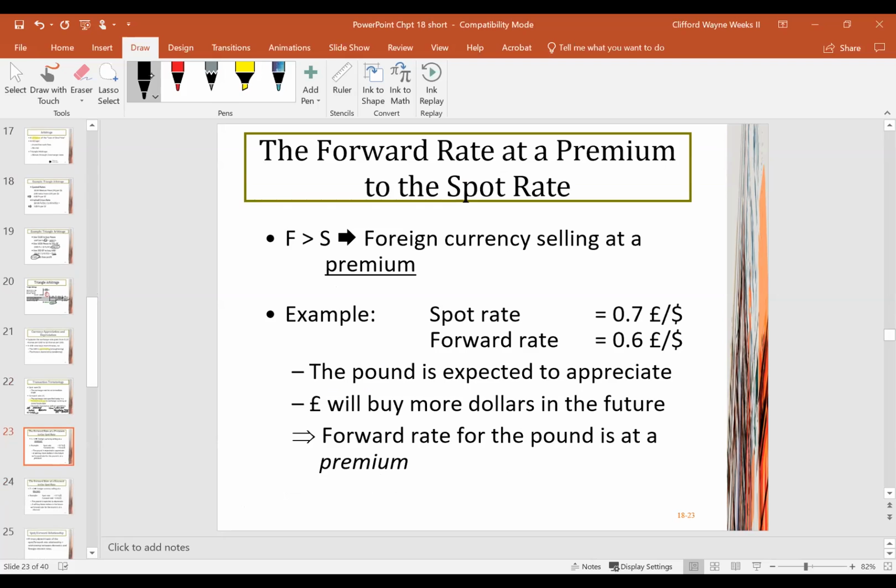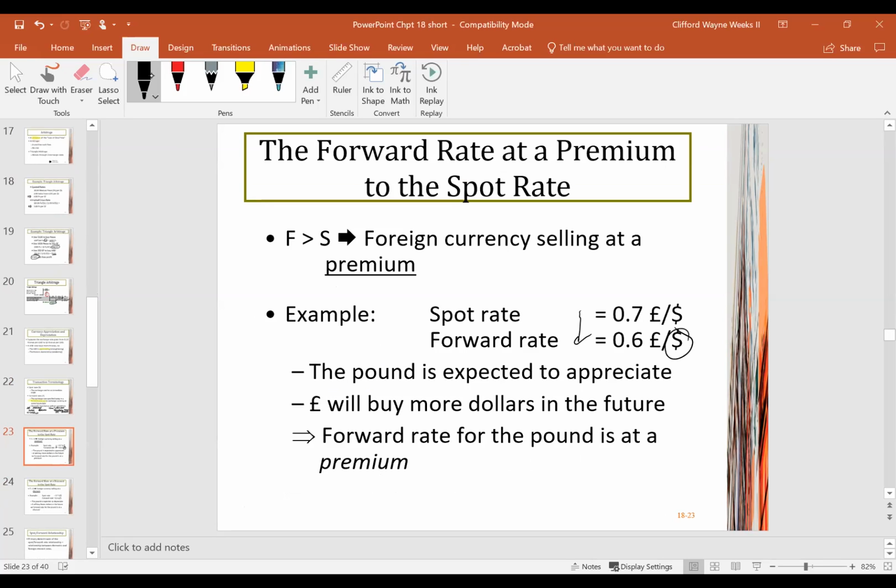And so with the forward rate at a premium to the spot rate, in some cases we're going to have differences. In the example, we have the spot rate, this is the pounds to the US dollar, whereas the forward rate basically says that the pound is expected to appreciate, because we're having to give fewer pounds to get the same dollar.